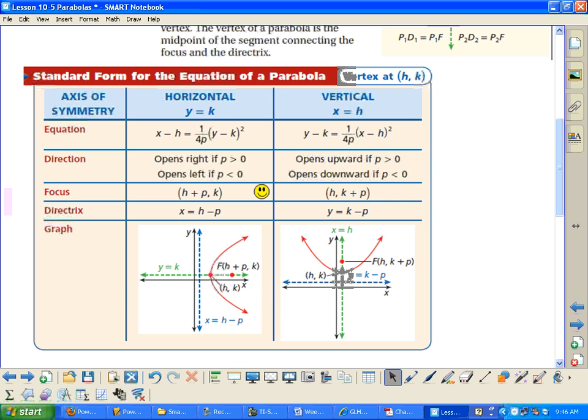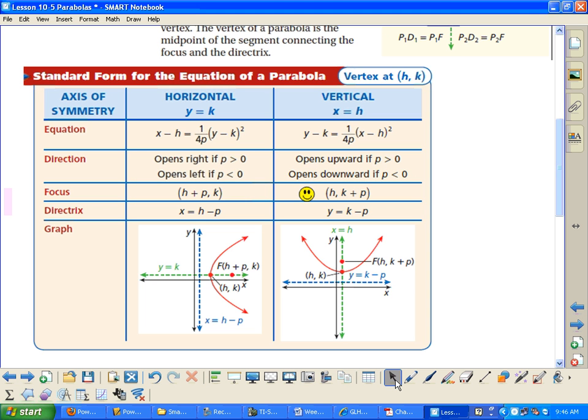The focus is always a change in the value of p. So if it opens horizontally, then h plus p, and then the value of k, would be my focus. If it opens vertically, then we'll do k plus p.